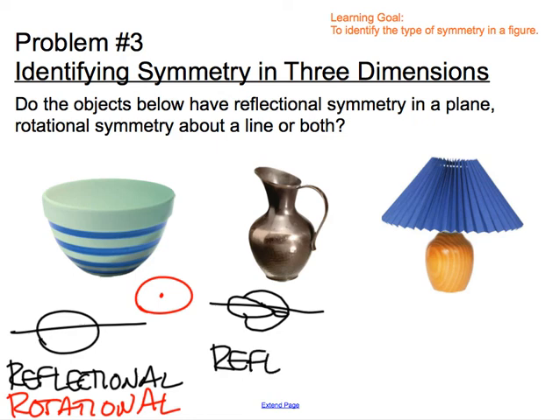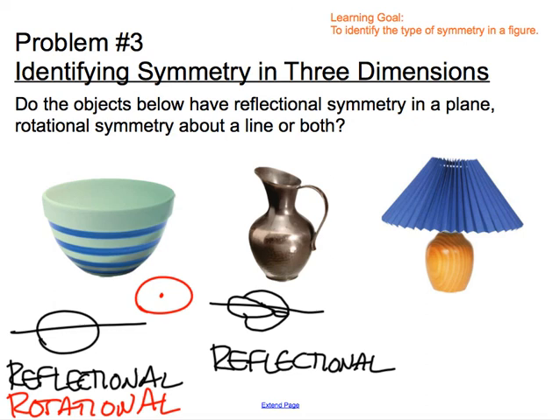So this does have reflectional symmetry. However, the pitcher does not have rotational symmetry. The only way we could rotate this to be exactly the same is if we spun it 360 degrees. And remember, for rotational symmetry, it has to be 180 degrees or less.